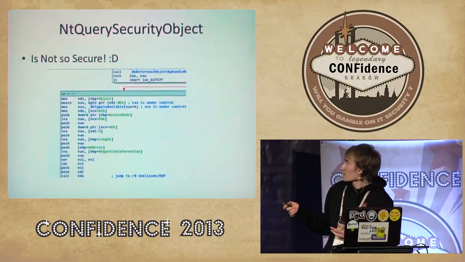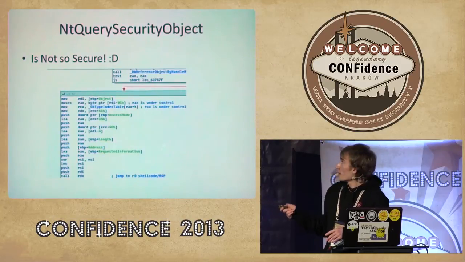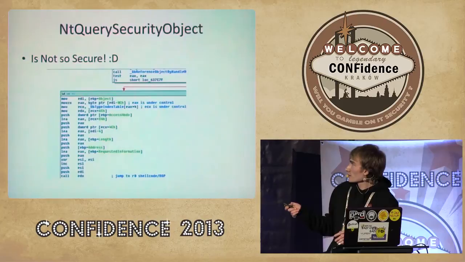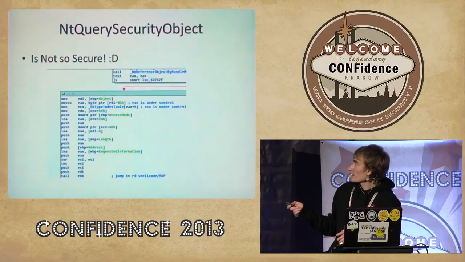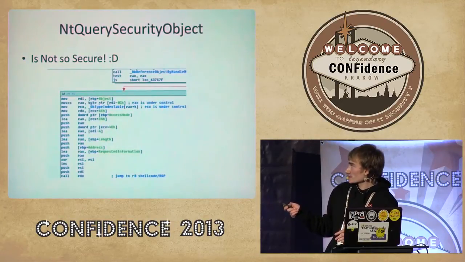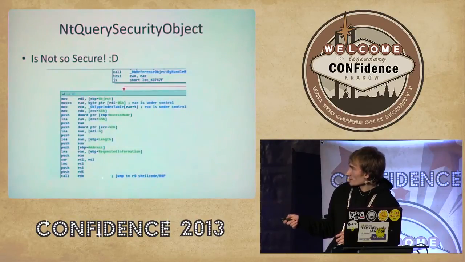So, for example, when you smash the object header, you control the type index value. Next, it gets the element of the object type, and next there is a dereference, and here you gain control of EIP or RIP.